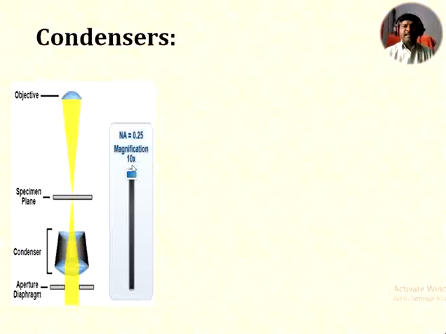See, here is the 10x magnification and the numerical aperture is 0.25. That means we are using a low power objective for viewing the specimen. At that time, the condenser should be in this position.